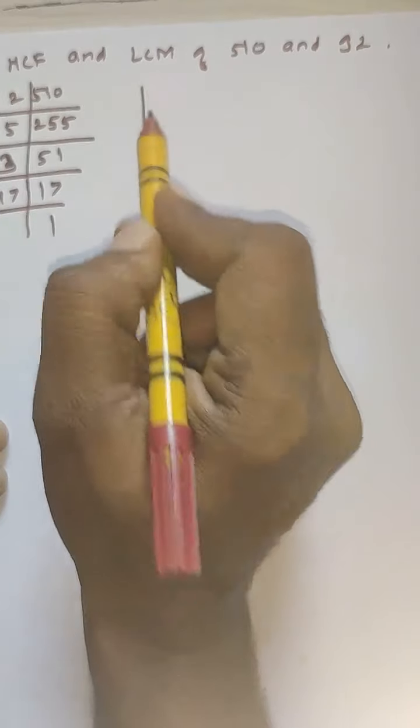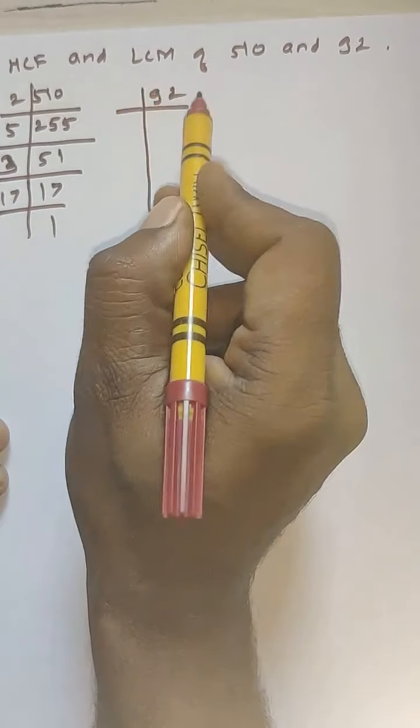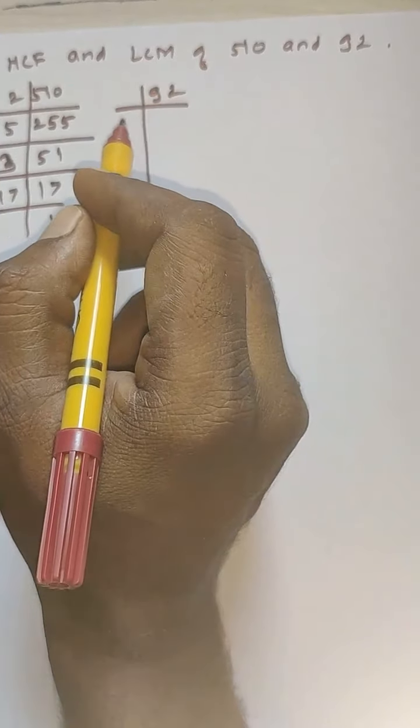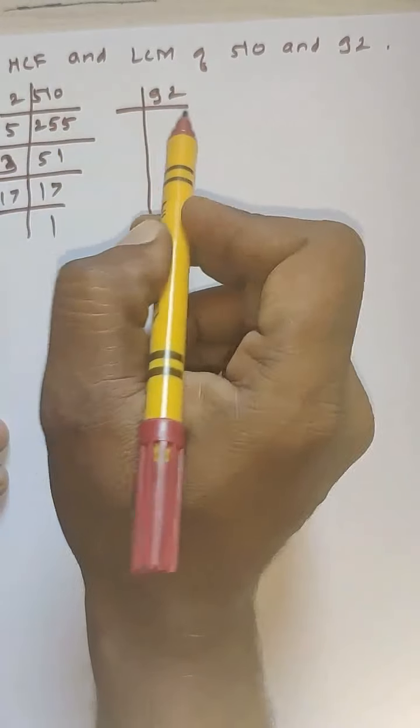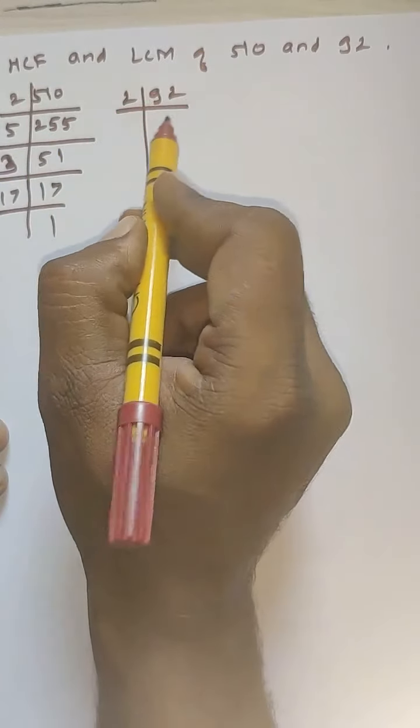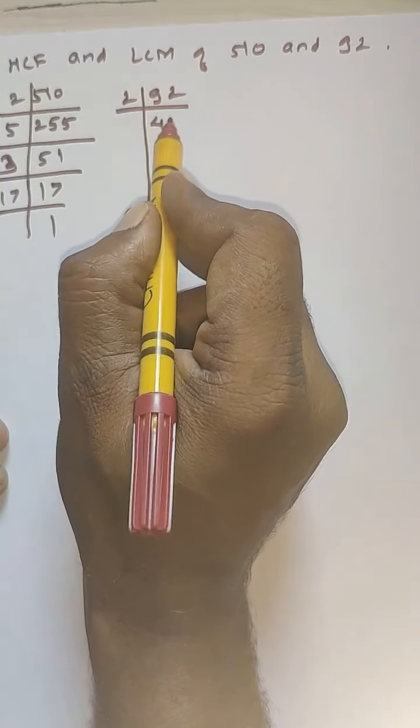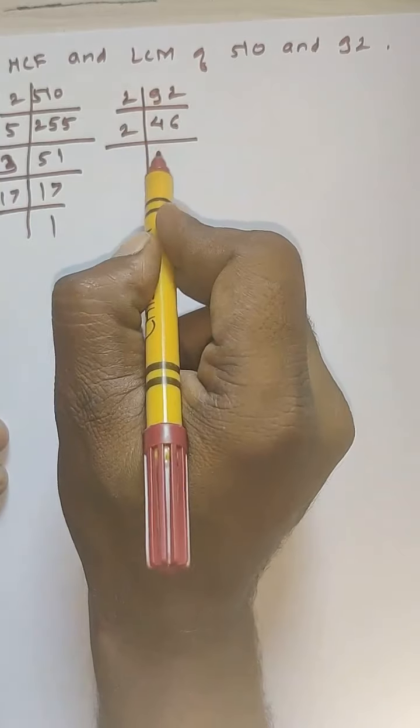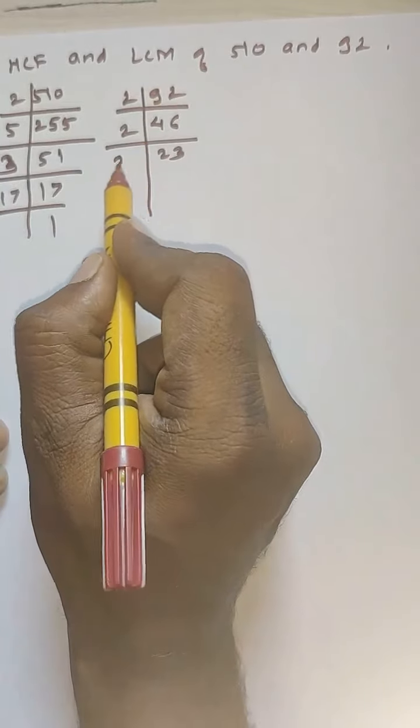Same way we can find 92's prime factors: 2 twos are 4, 2 sixes are 12, 2 twenty-threes, 23 ones are 23.